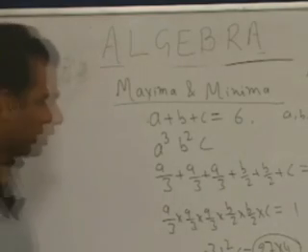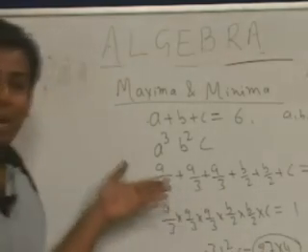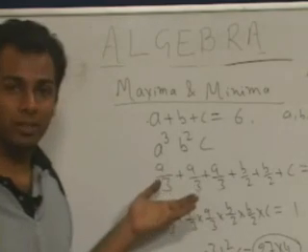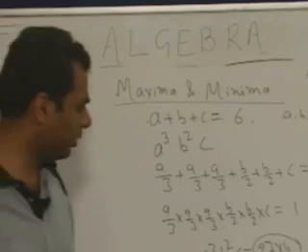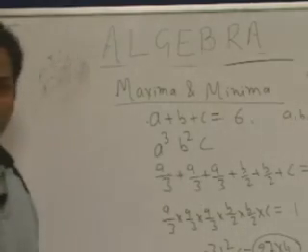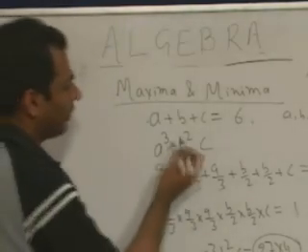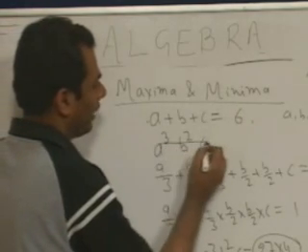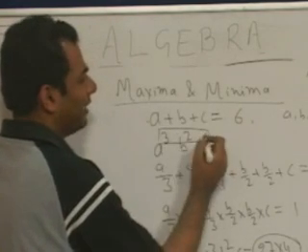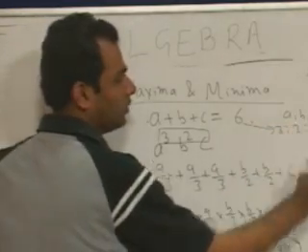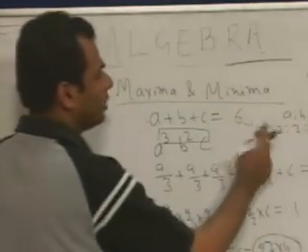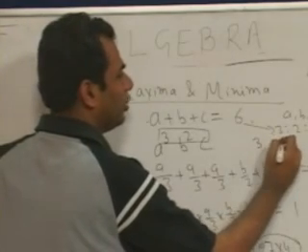Now this is one way of doing this. You can even apply the AM greater than GM. And also, one more thing, we can work on the ratios. Here the powers of a, b and c are 3, 2 and 1. So divide 6 in the ratio 3:2:1. If I divide 6 in the ratio 3:2:1, I'll get the numbers as 3, 2 and 1.